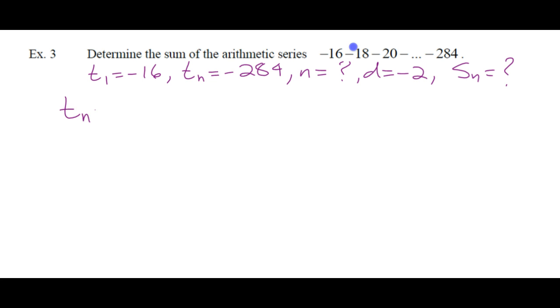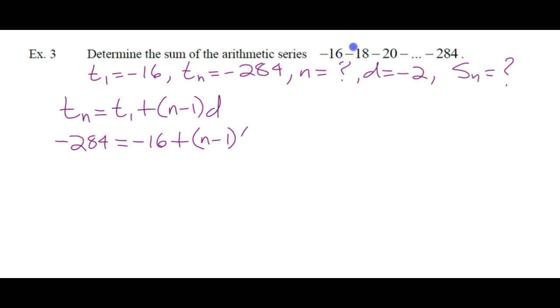We're going to use Tn = T1 + (n - 1)d, going back to the formula for the term in an arithmetic sequence. We know the nth term is negative 284. We know the first term is negative 16. We don't know n. And we know d is negative 2.